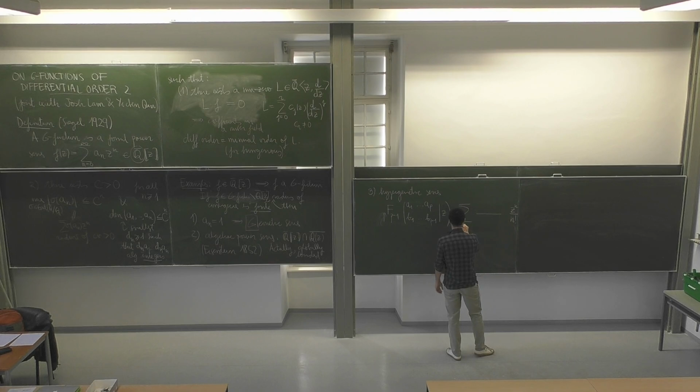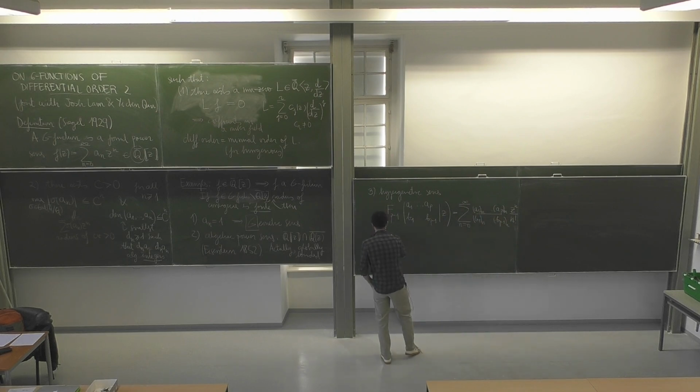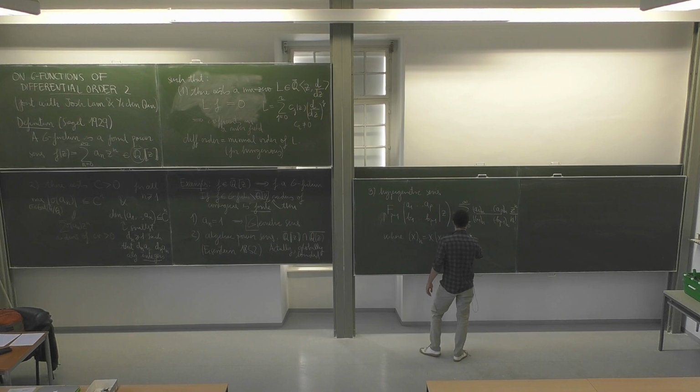There's an n factorial in the denominator, and then the general term is a quotient of Pochhammer symbols of the a's and the b's, where the Pochhammer symbol is a generalization of the factorial. So actually this n factorial should be understood as the Pochhammer symbol of 1.